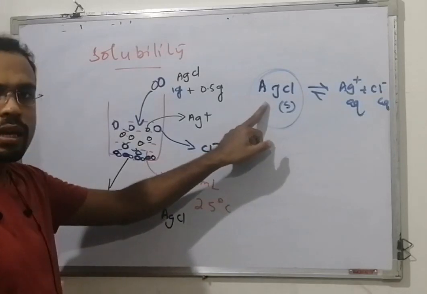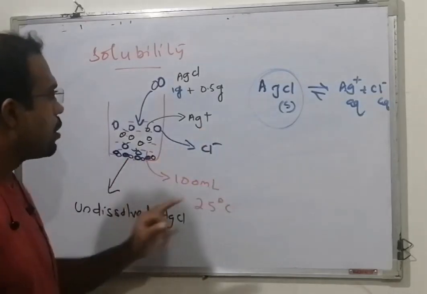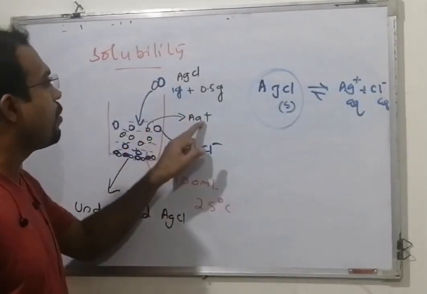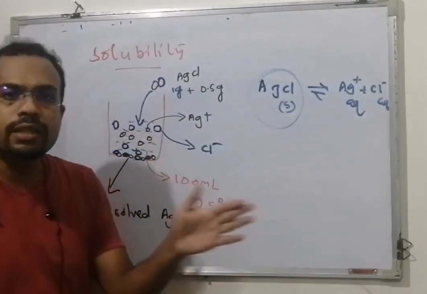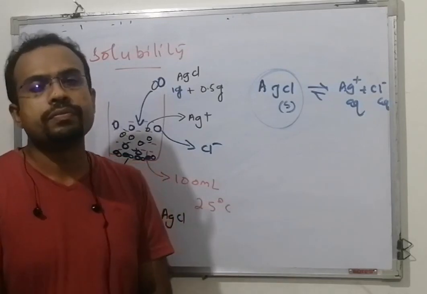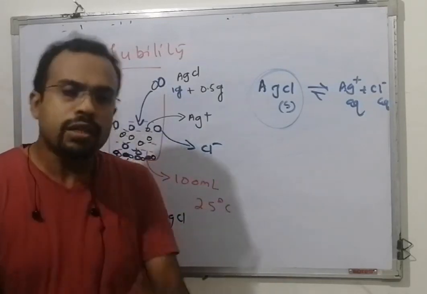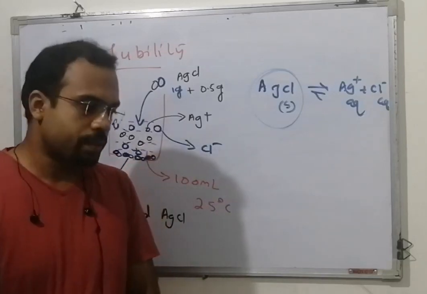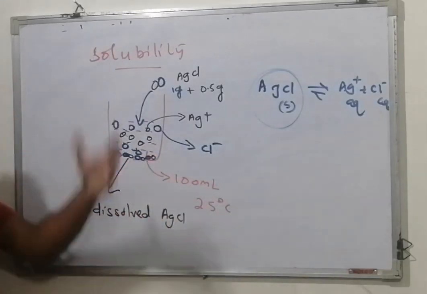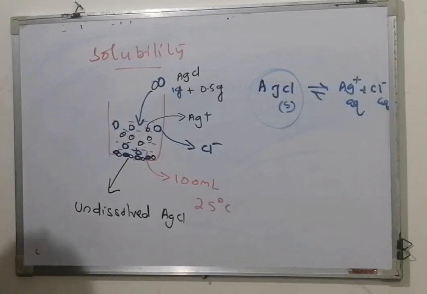This represents undissolved AgCl. This represents dissolved Ag plus and dissolved Cl minus ions. And there is an equilibrium between them. You learned all these things in +1. Okay, I just recollect. Okay, this is all about the solubility.